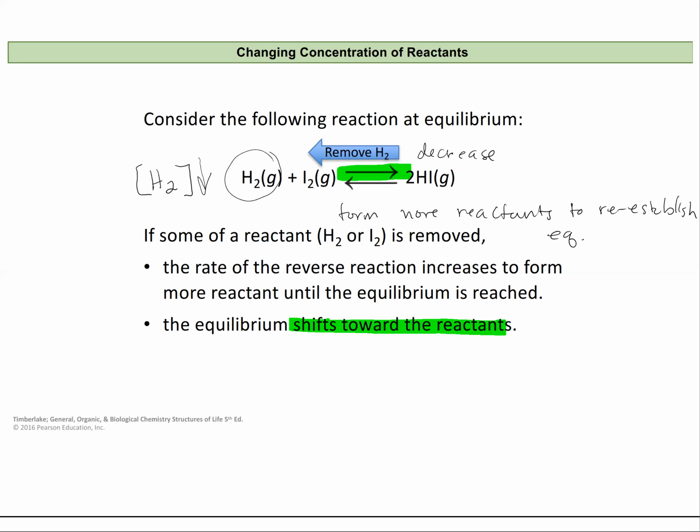Another way you might see it written out is a shift to the left as well, because we'll see more of our reactants form from our products to make equilibrium happen again.